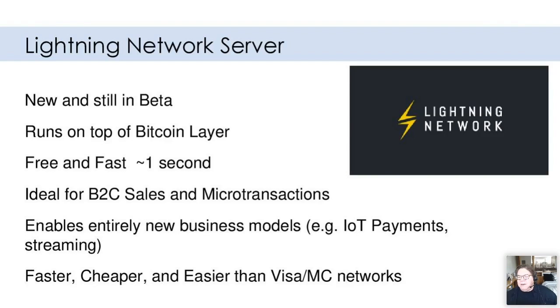So what the Lightning Network enables is microtransactions. So, it may cost $1 to send a bunch of Bitcoin from here to there. It virtually costs nothing to send Bitcoin over the Lightning Network.